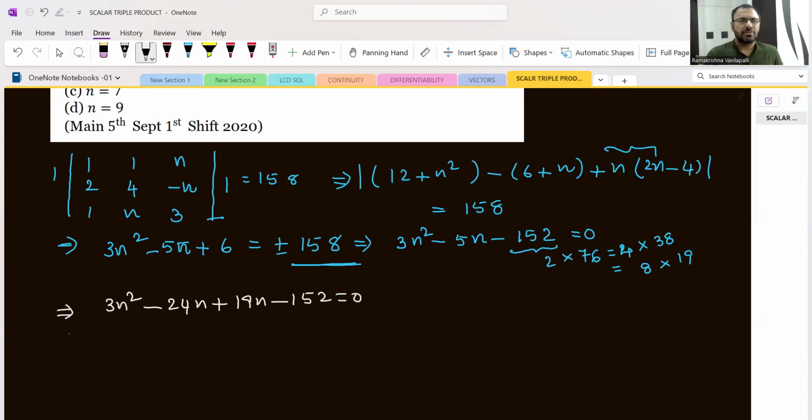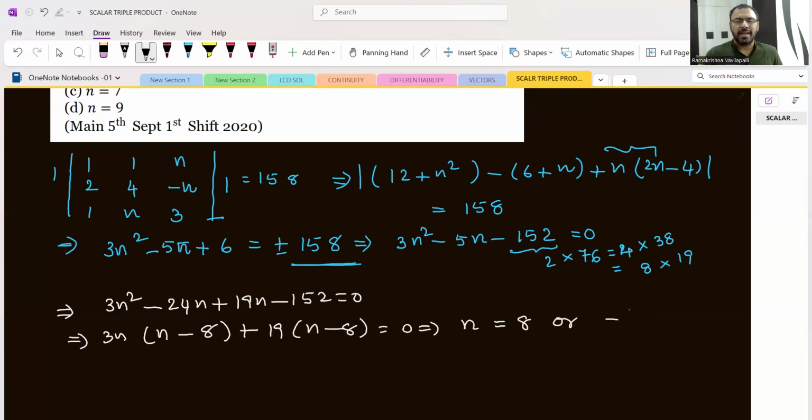All right, so this is nothing but you take that 3n common. This is n minus 8, plus 19 common, and n minus 8. So n equals either 8 or minus 19 by 3.